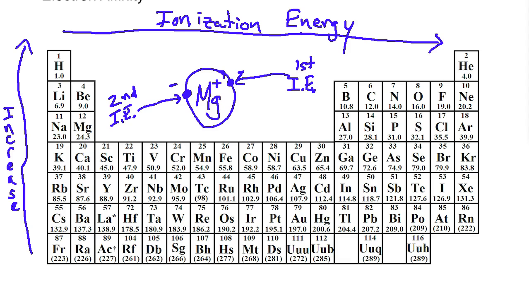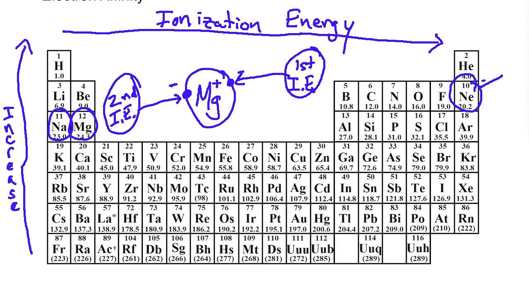That is to say that it is easier to remove the first electron from magnesium than it is the second electron. And think about what happens by the time I hit a second electron. Here's magnesium. I lose 1 electron, I'm in the configuration of sodium. I lose a second electron, I'm in the configuration of neon.